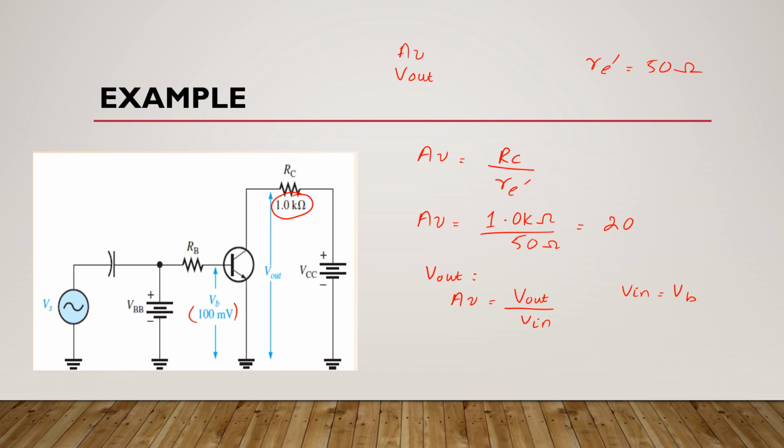If we rearrange this equation, we get Vout is equal to AV multiplied by VB. It means it is equal to 20 multiplied by 100 millivolts, and after solving this you will get 2 volts. So this is the AC output voltage here.